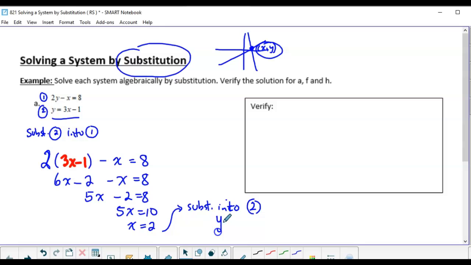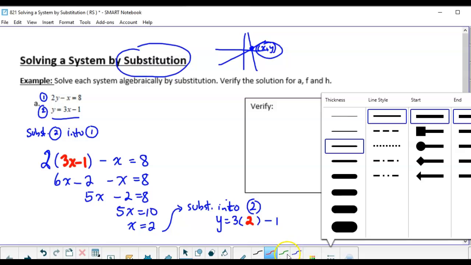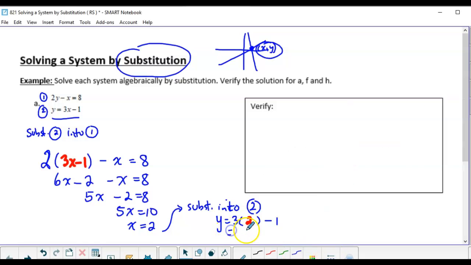So y equals 3 times the x value minus 1. X value is 2. So that's going to be 6 minus 1 is 5. So you can write it as an ordered pair. The x value is 2, the y value is 5, and that's your solution set.